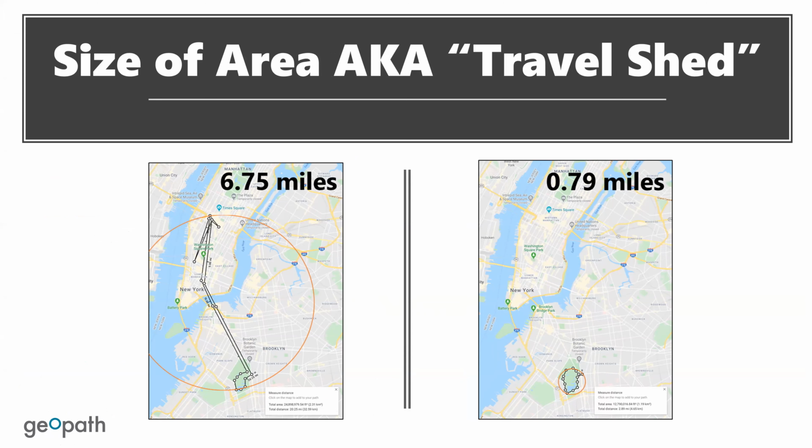Again, you could be going a pretty far distance. I could run a marathon in the park, but I'm only going to be traveling within 0.8 miles of my apartment. So distance traveled and the size of the area you're traveling within is an important metric. So we're looking at that as well to make sure that things are trending similarly.